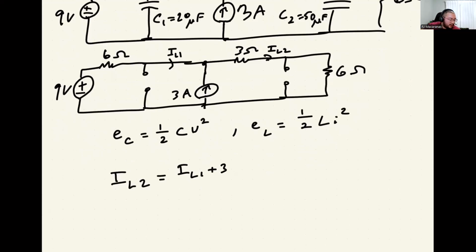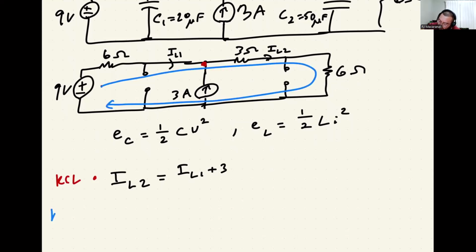And then we can also apply KVL across the entire loop out here. So I've applied KCL there, and then I'm going to apply KVL around the loop.